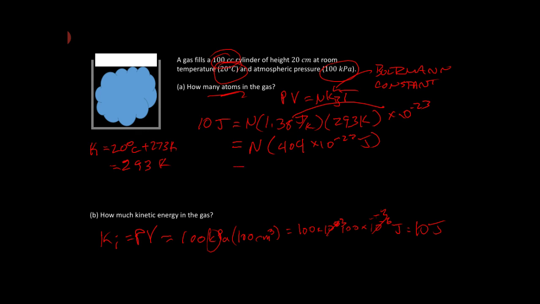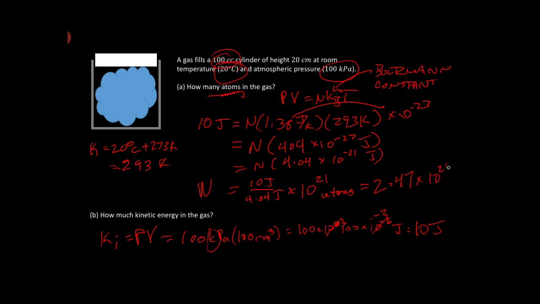Okay, and I guess if we want to make life easier, we have 4.04 times 10 to the minus 21 joules, which means that if we reverse this, N is equal to 10 joules over 4.04 times 10 to the minus 21 joules, so a little bit under 2.5 times 10 to the 21, and that's the whole total number of atoms. And so that's about 2.47 times 10 to the 21. Okay, and so that's the answer.